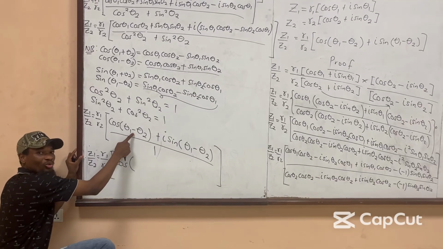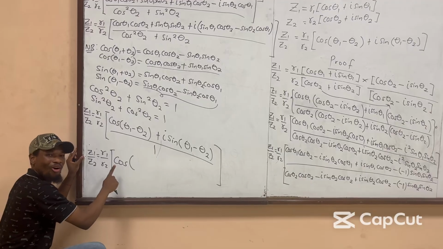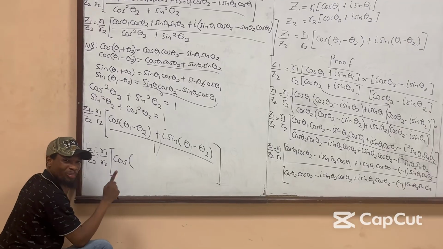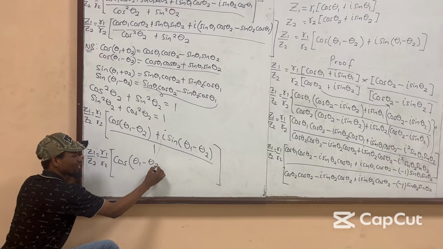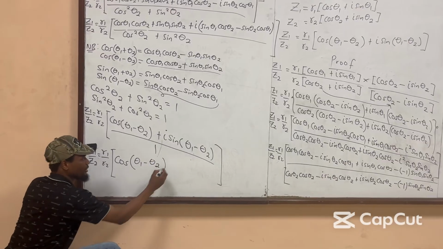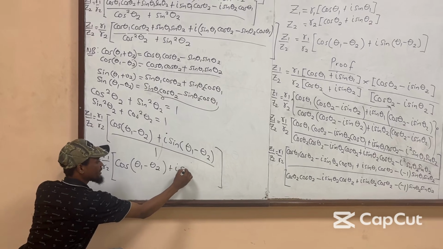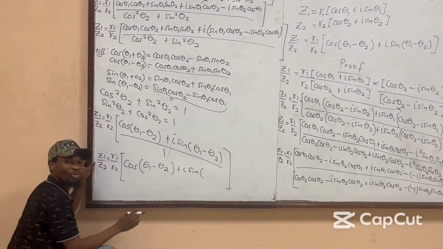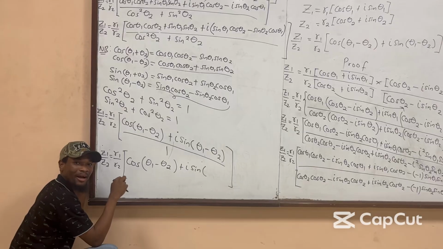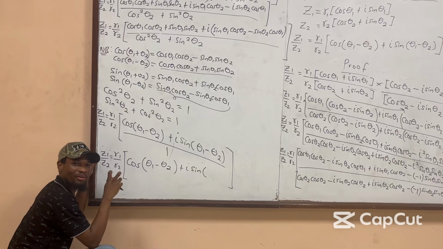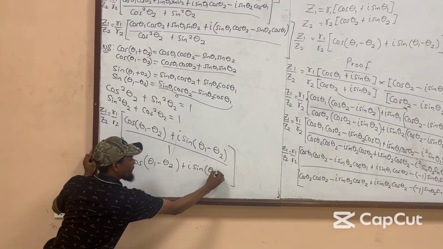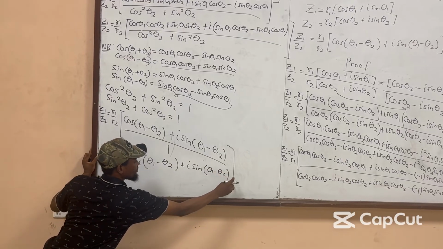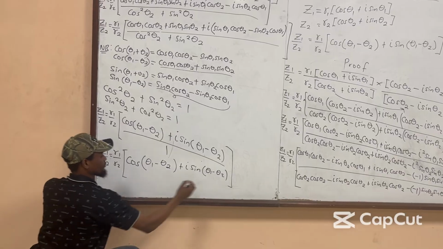This angle is what we call the reference angle or the argument. So I have cos theta 1 minus theta 2, then plus i sin, again subtracting their arguments, theta 1 minus theta 2.